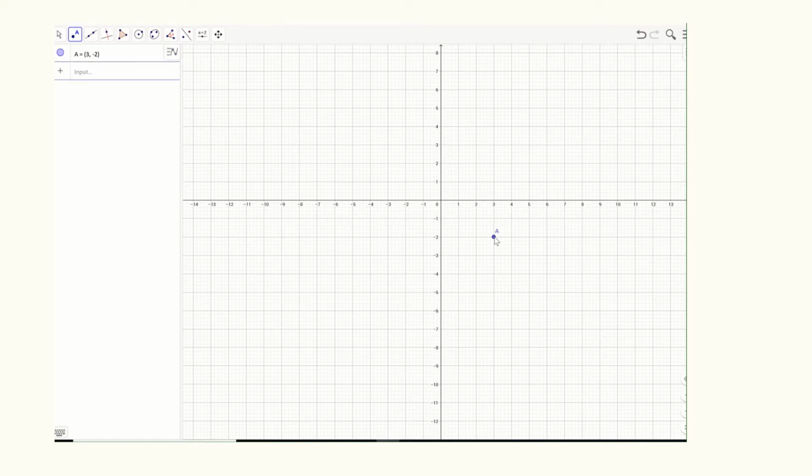We got a point there. And we determined that there was another point on the graph that when x is 1, y was equal to 2. Okay, that looks okay.